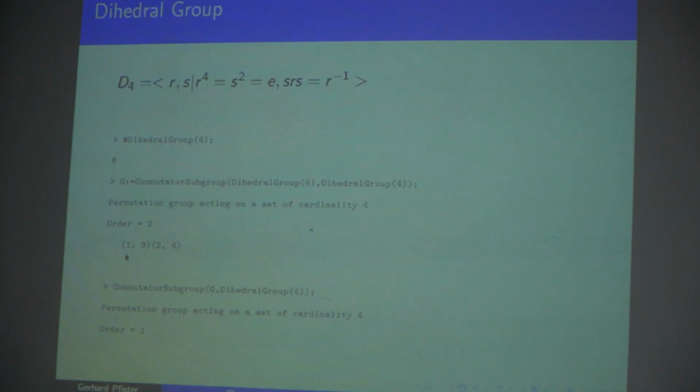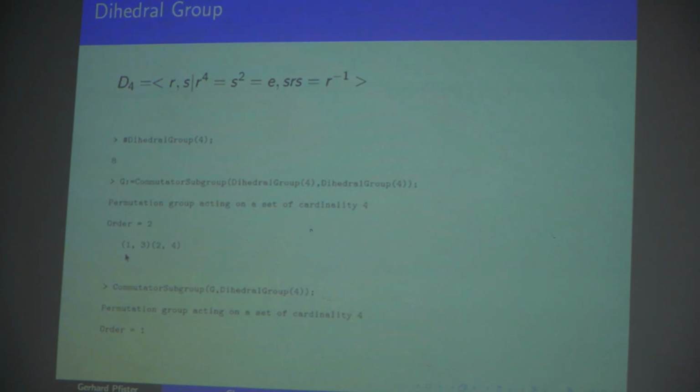Now again, if you try a computer algebra system, you find out the dihedral group is a group of order 8, and according to what I said, a group of order a power of a prime should be nilpotent.